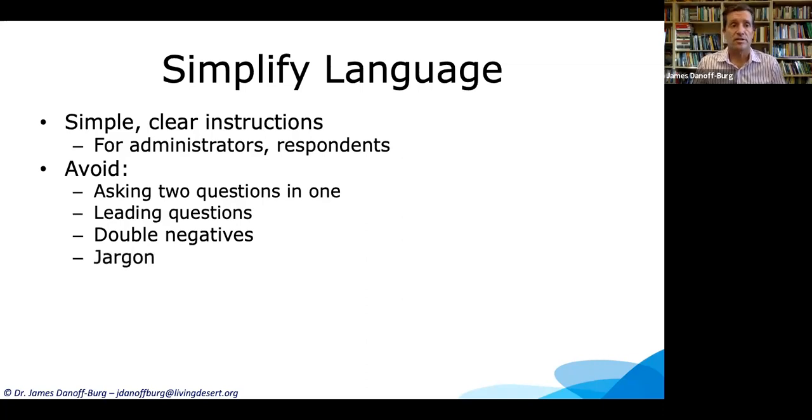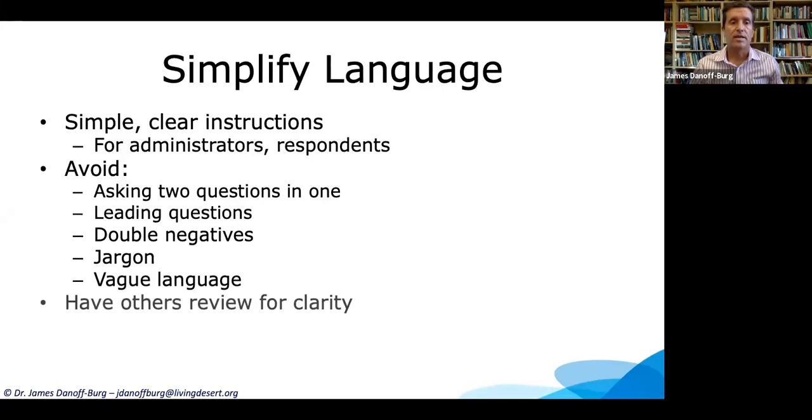Similarly, as we said earlier, try to avoid jargon, because that does compromise the clarity of the questions and the instructions. And of course, vague language equally is bad. One way to get around this is, after you write the survey out, as hopefully you have already started, and will before we're done today, have others review it.